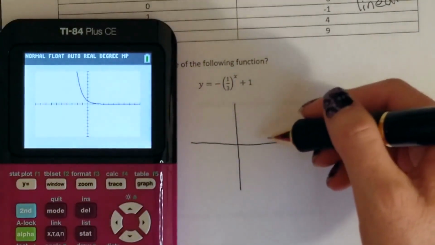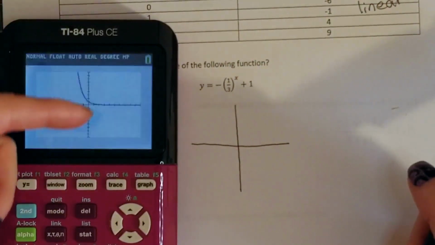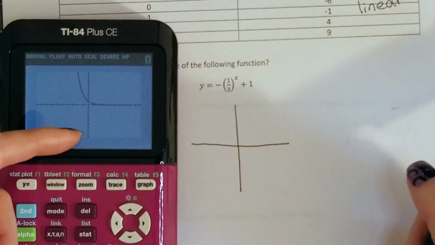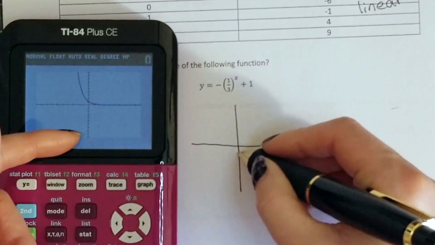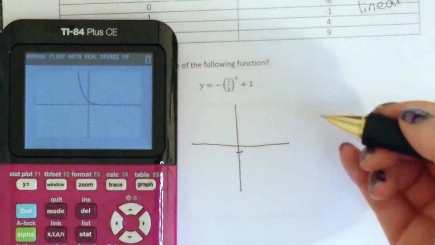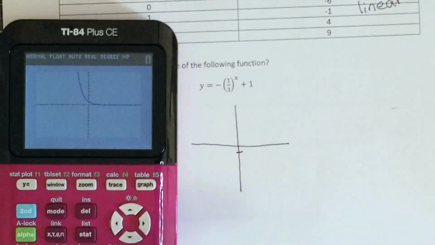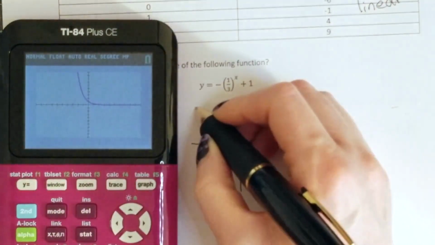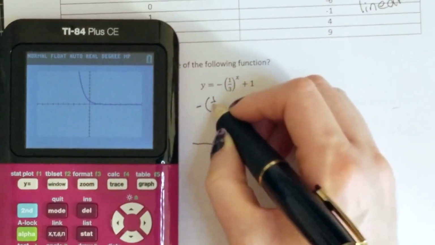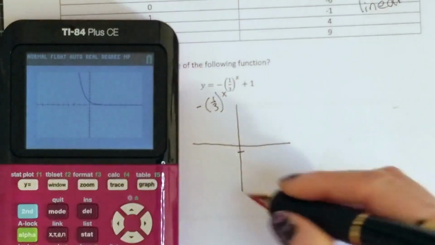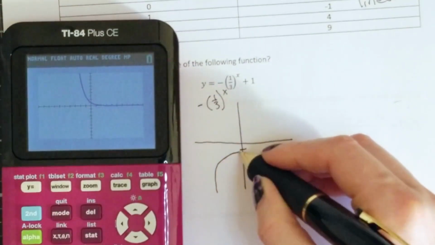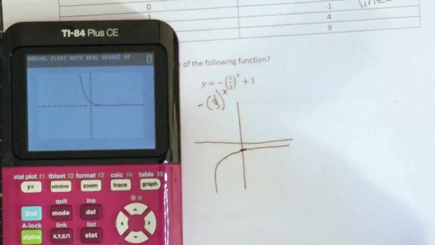So if I look here, instead of going that way, it's going to start here at the bottom. Okay, so let's do this in a couple pieces before we get the official graph at the end. So if I were to just graph the 1/3 to the x without having the negative, it would look like that.